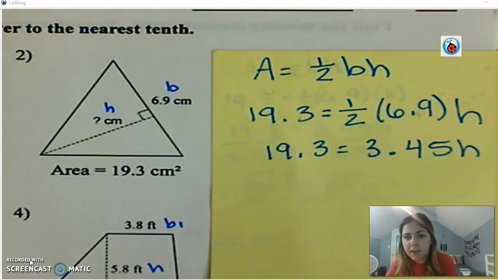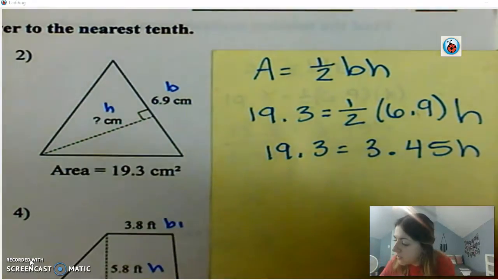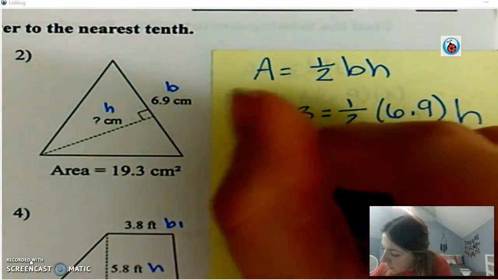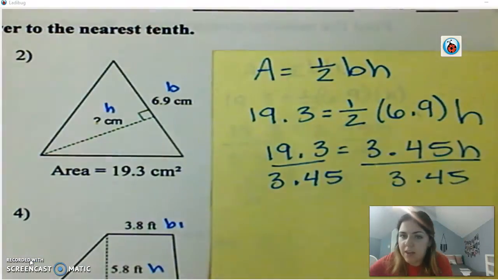3.45 H. And now, just like we did with the square, divide by 3.45 on both sides.